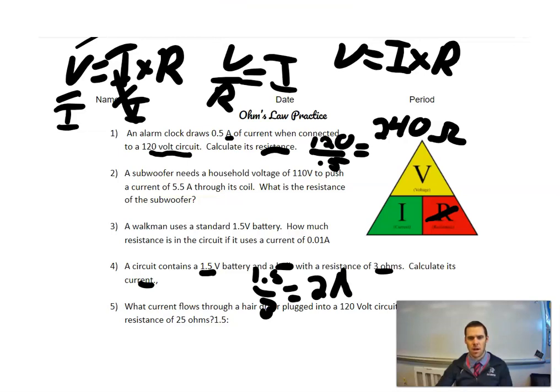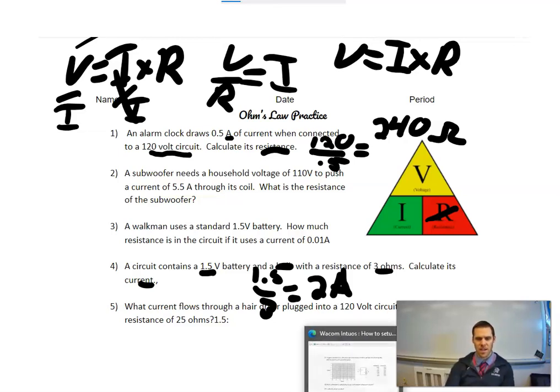Capital A, amps is my unit of measurement for current. The only one that we didn't do was solving for voltage, which you just want to multiply current times resistance. And it's easy to remember your unit of measurement for voltage because it's just volts.